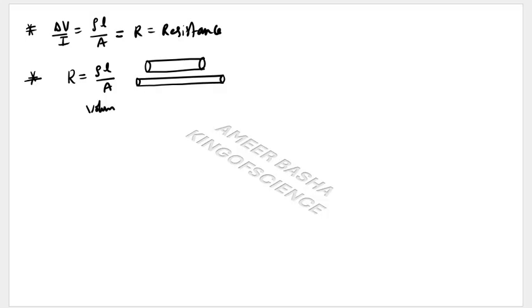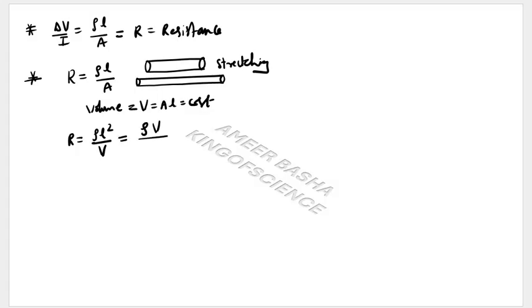Volume V is equal to A into L, which is constant. So during the stretching process, volume will be constant. So resistance can be written as rho L square by volume. Even if I multiply with area, it is rho into volume divided by area square. So area can be written as pi r square for a given conductor.